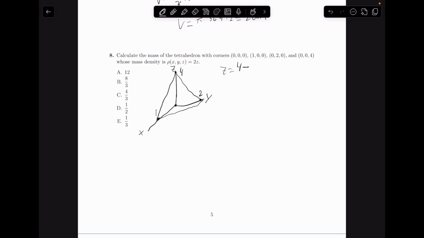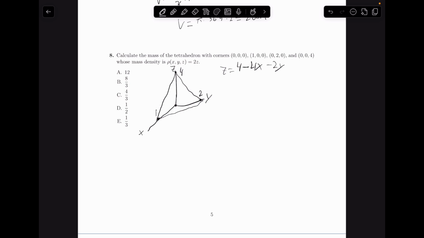This point is 1, 0, 0, so z is clearly 0. We went up in x by 1 unit, and we went down in z by 4, so we need to go down in z by 4 units. Same concept for y, but y went up to 2, so we only need to go down in z by 2 for each increase in y. So it's just going to be a minus 2y.